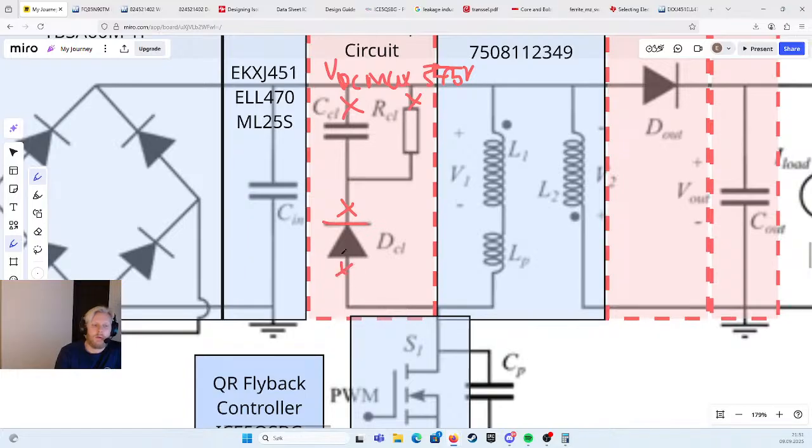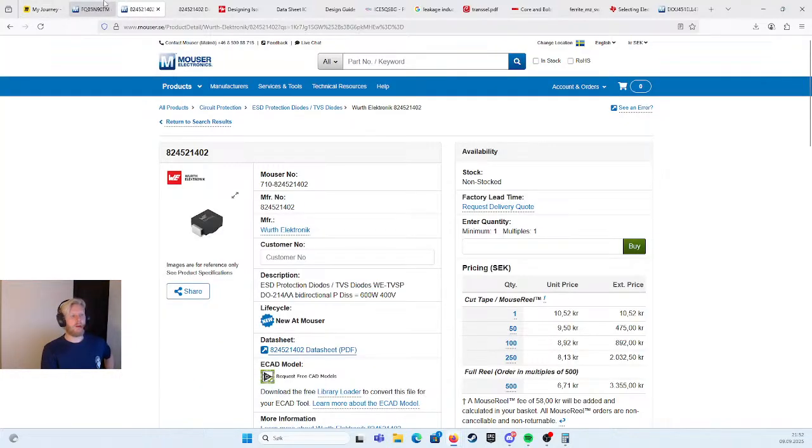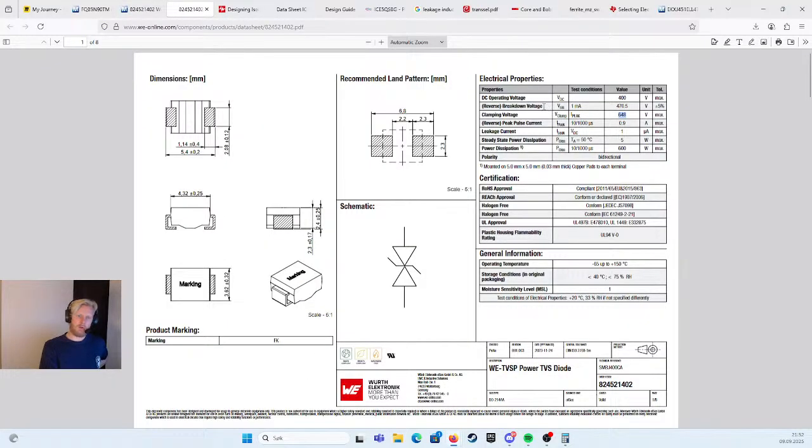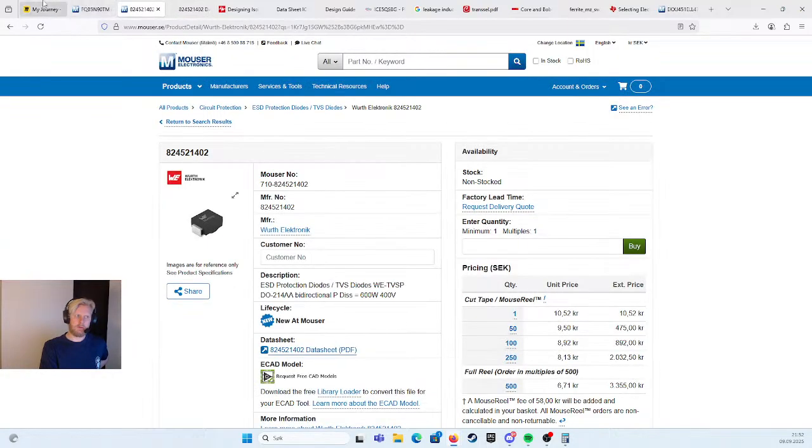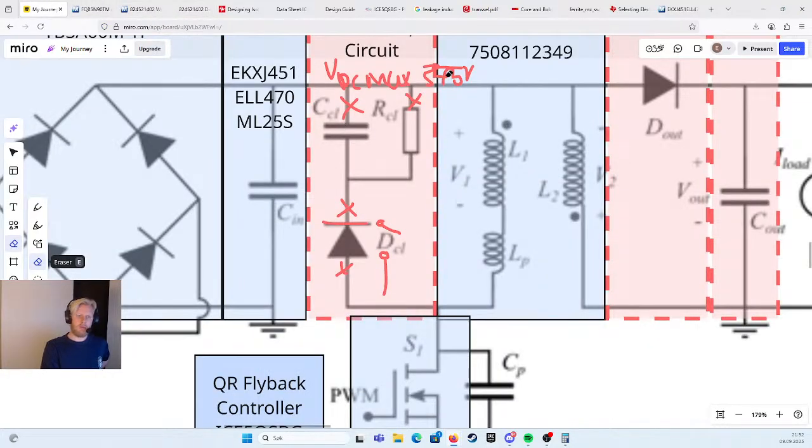Yeah, it blocks current, this one. So it effectively acts like an open circuit here. So does that mean that we don't really have to deal with the reverse breakdown voltage, 470? I mean, we still have good margin. We expect 375 here, right?